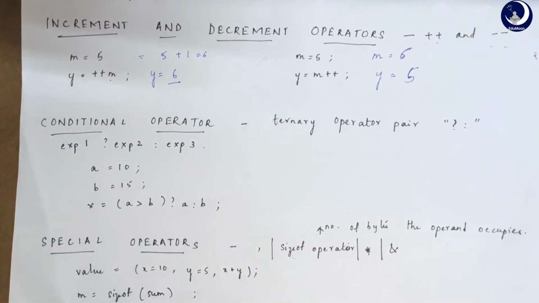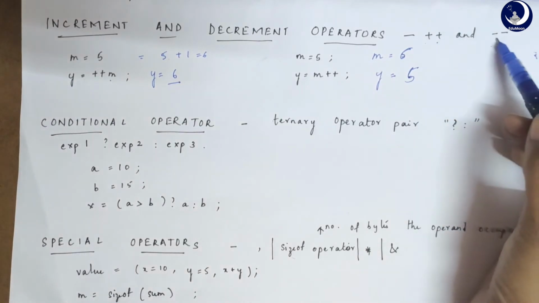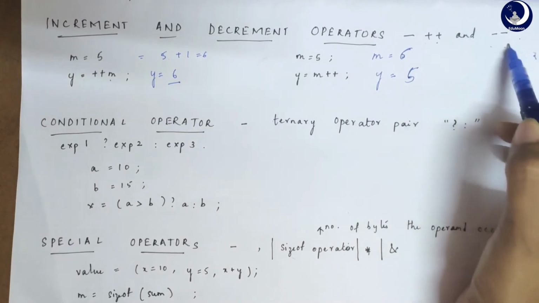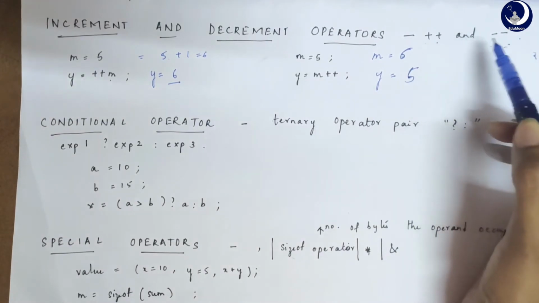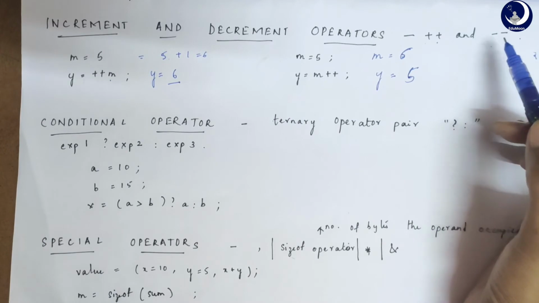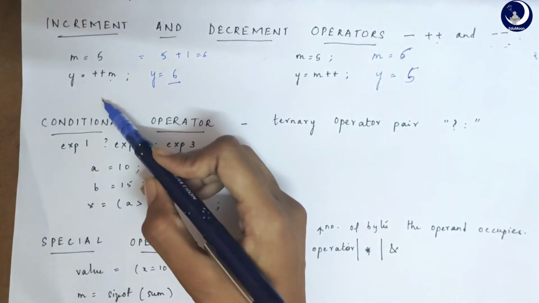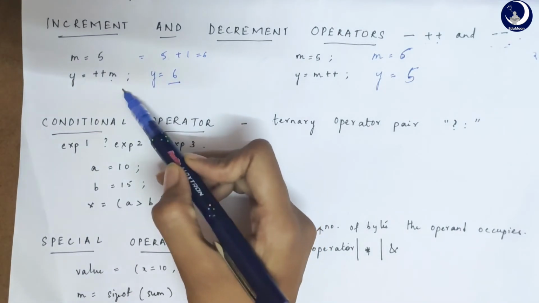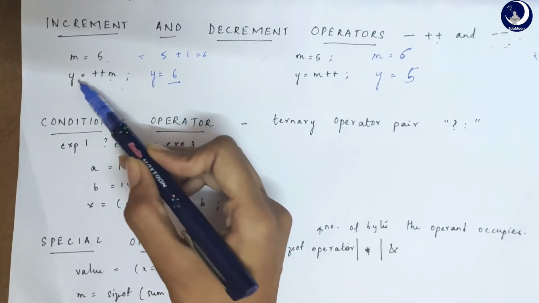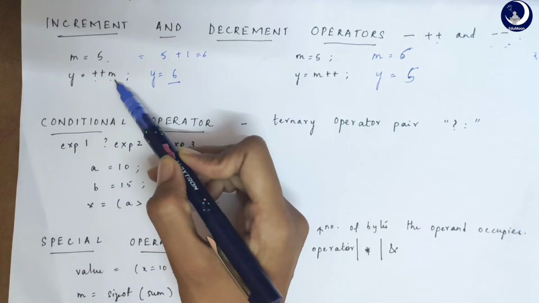The next type is the increment and the decrement operators. They are plus plus and minus minus. These operators are used extensively for while and for loops. How do they work? So consider this example, m is equal to 5 and y is equal to plus plus m.